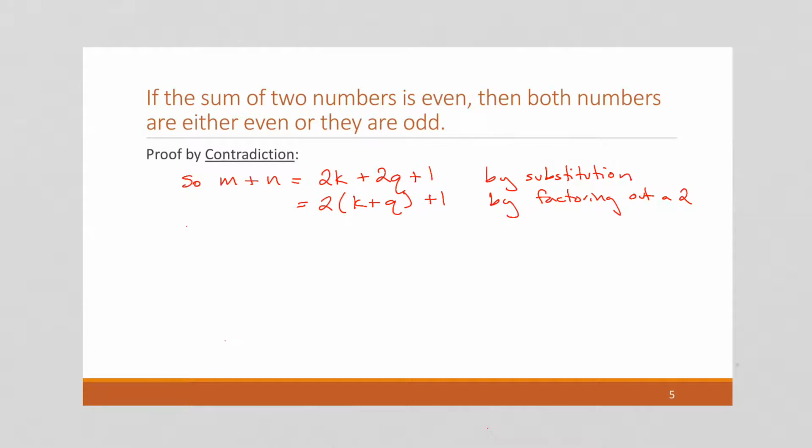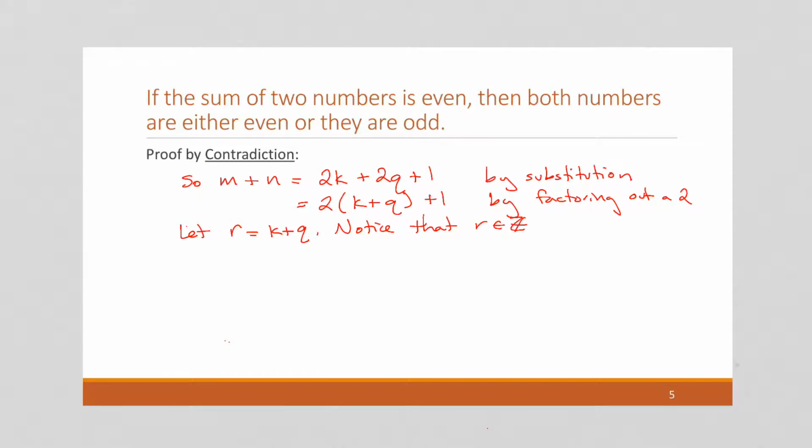And I'm going to notice that this looks a lot like the definition of odd. All right, I'm not there yet, though. I can't say that that's odd. That would be jumping to a conclusion. So I first need to say, let r, or some variable, equal k plus q. We're going to notice that r is an integer. Why can I say that?